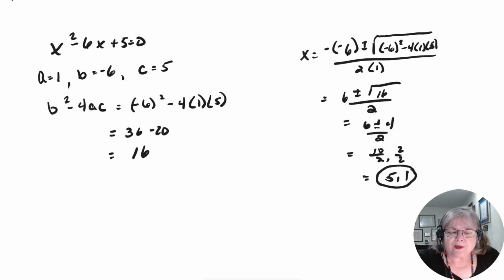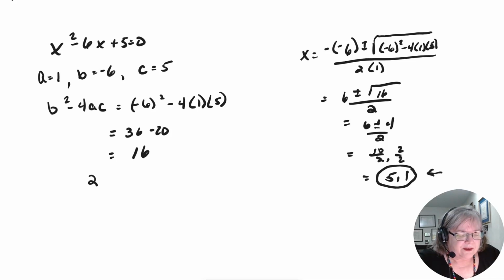But we don't have to work it out to decide. Now, if you forget, let's say you're on the test and you're going, I don't remember what b squared minus 4ac has to be, whatever. Work the whole thing out and see what kind of answers you get. And if you get 2 rational answers, that's what you write down. So anyway, this is a perfect square. So this is 2, all right?